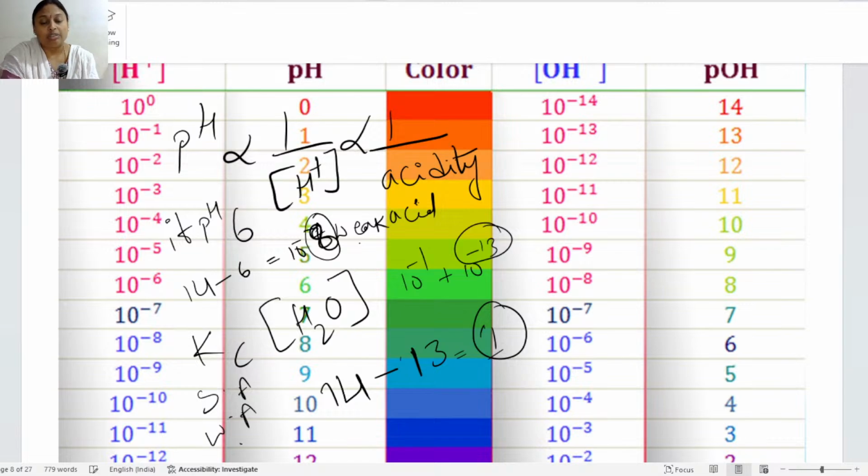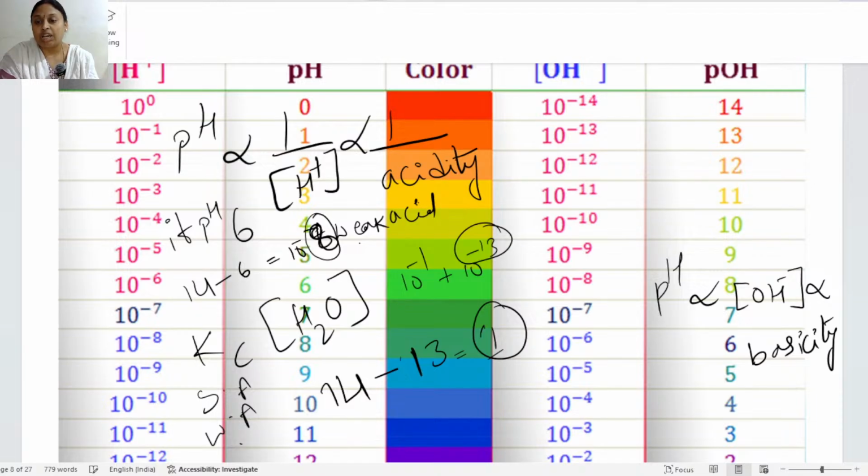Along with that, when it comes to bases, pH is directly proportional to the OH minus ions concentration as well as directly proportional to the basicity. Suppose the pH is given as 10. So we have to take 14 minus 10. What will we get? 4 units.